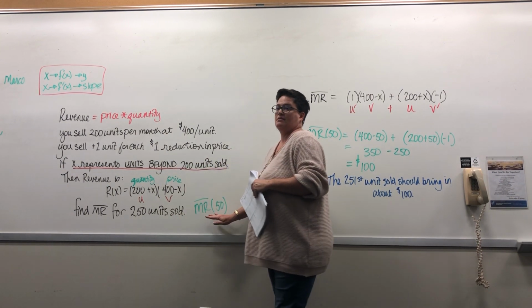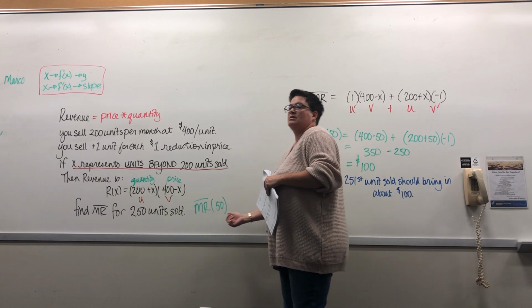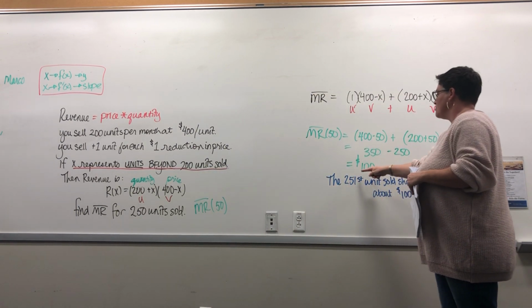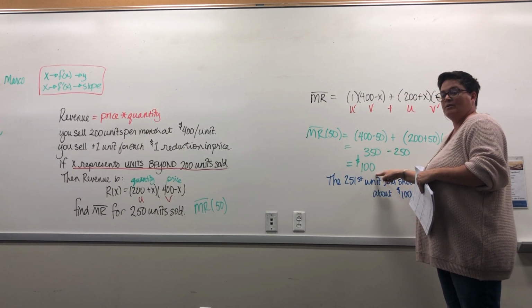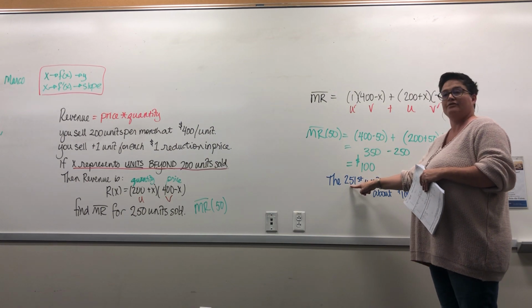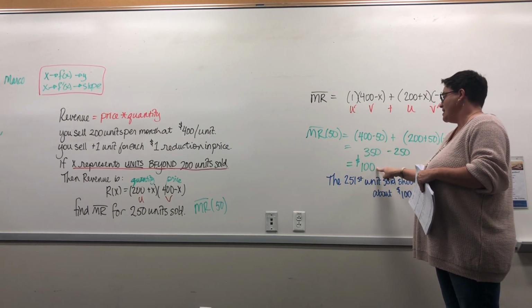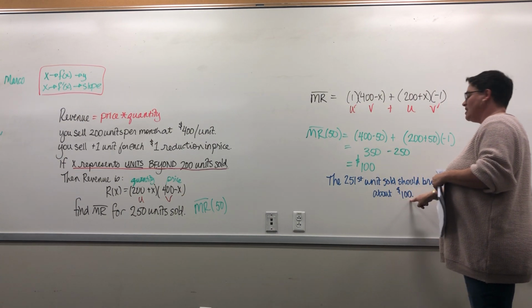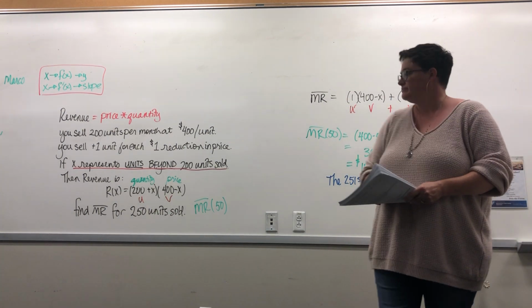And the 50 comes from the X value, which is over and above 200 units sold. But remember, slopes are rise over run. So my run is 1 unit in X. So we're going from 250 to 251, okay? And my rise in expected revenue is going to be $100. Groovy? Okay, all right, good guys.